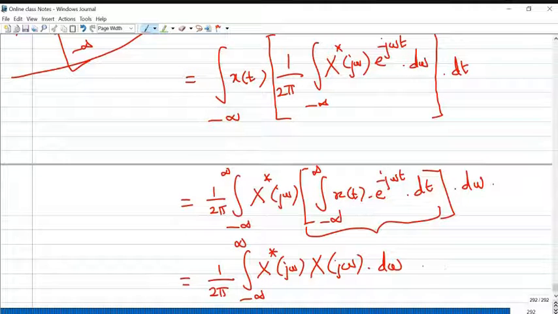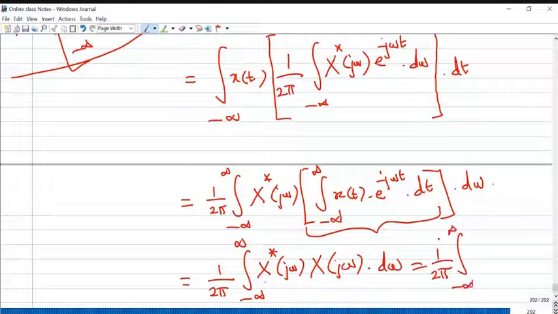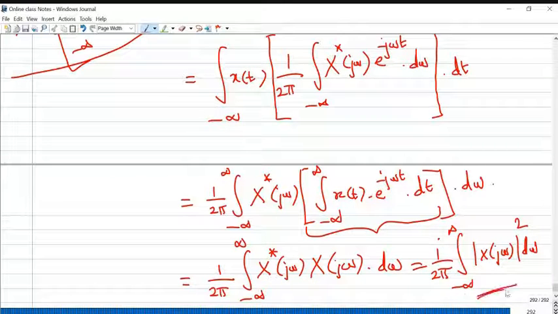So we have 1 divided by 2 pi integration of x star of j omega times X of j omega d omega, that is, X of j omega multiplied with its complex conjugate. That can be written as modulus X of j omega squared d omega. So this is the proof for this theorem.